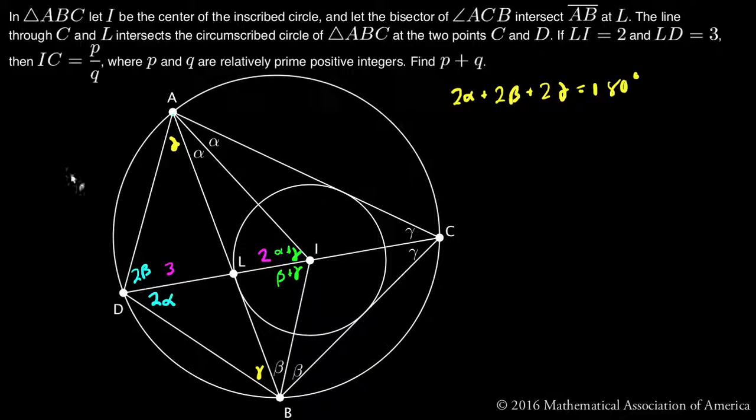And now we can see this triangle here is isosceles, with one of these legs being 5, so the other one will have to be 5. This triangle here is also isosceles. If you didn't catch why, it's because the 2 base angles, this is alpha plus gamma, this is alpha plus gamma, so these 2 sides must be congruent. This has length 5, so this also has length 5.